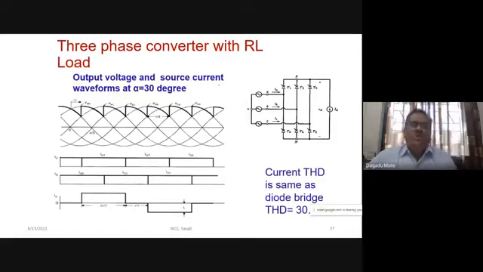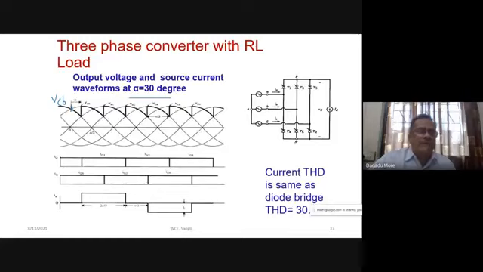Now this is the output voltage waveform for alpha equal to 30 degrees. How to measure alpha? Alpha is where D1 starts conducting. Here we have the crossing of VCB and VAB, where conduction of the diode starts.